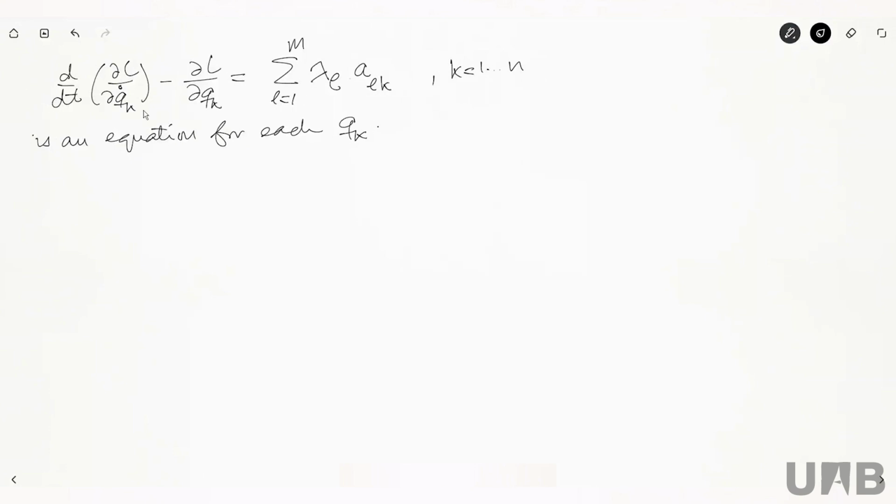And to this condition, we always have to add the constraints. This is also what comes with the Lagrange multiplier method. You have a condition on the derivatives, but there is also the constraint.